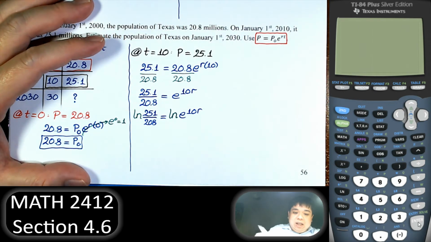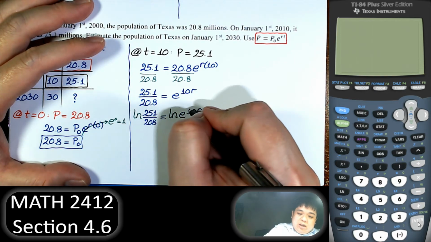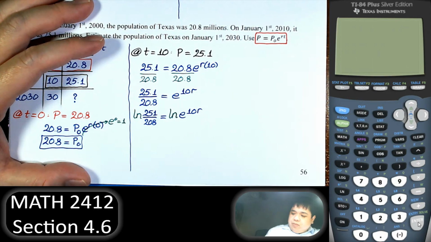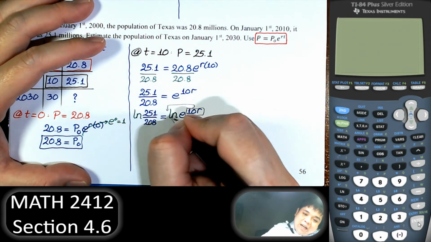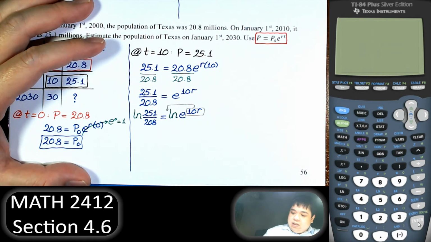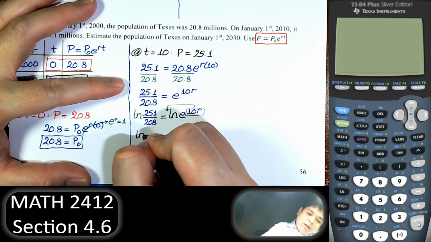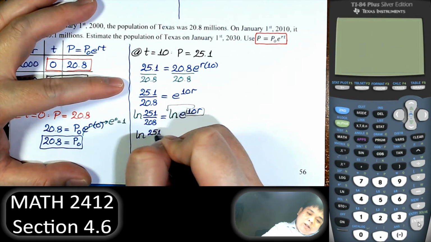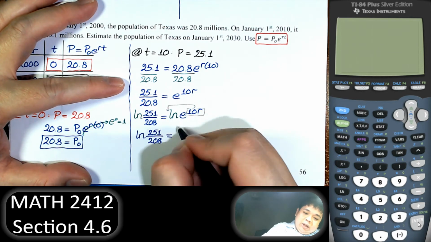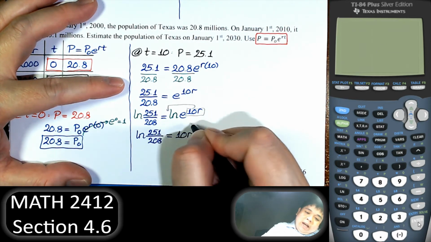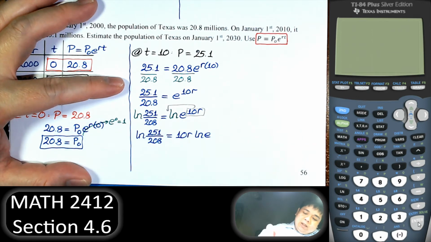Remember, when we have e and ln, e and ln cancel out, but first of course we can just take the 10r, move it outside, and then cancel the ln e. So ln of 251 over 208 equal to 10r ln of e, and ln of e is equal to 1.